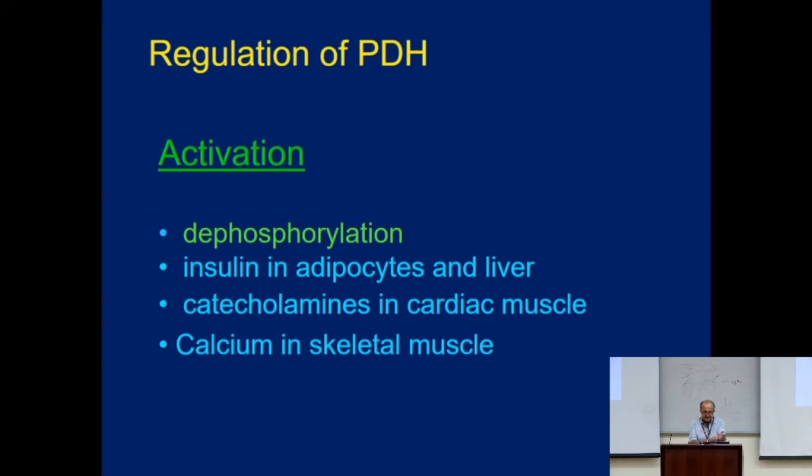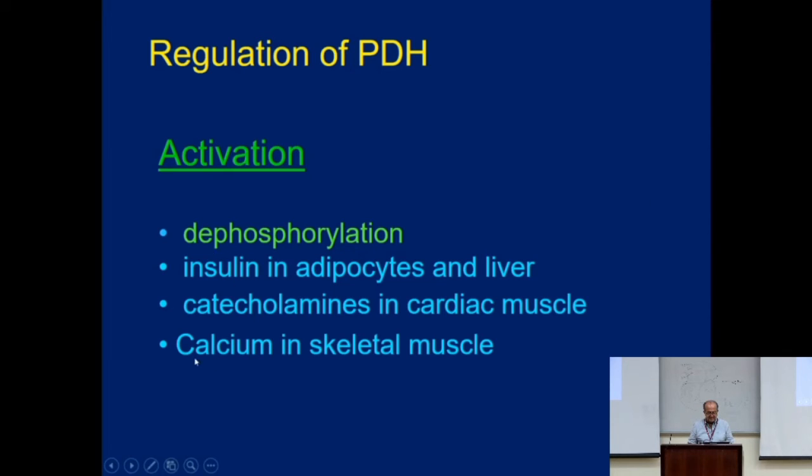The phosphatase function is to dephosphorylate the catalytic enzymes, and therefore activate them. So the pyruvate dehydrogenase complex is always active in the dephospho state. And what promotes the dephosphorylation is the PDH phosphatase, or protein phosphatase, within that complex.